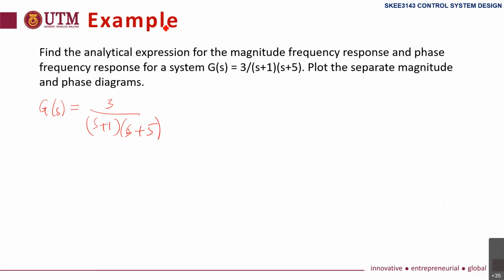Okay, when the question wants an analytical expression, that means we want the formula G(j omega) equal to what? Again, it can be obtained by substituting s with j omega. So here, j omega plus 1, j omega plus 5.